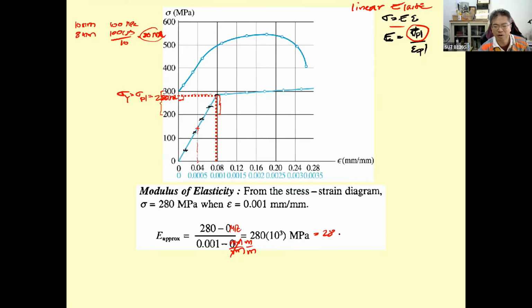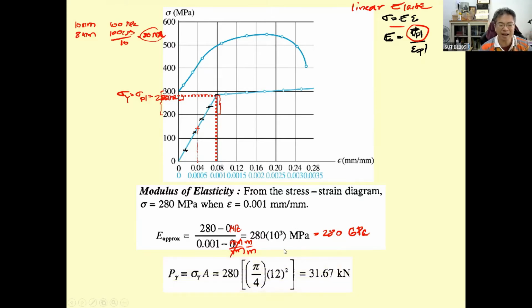This is 280 gigapascal, that is 10 power 9 Newton per square meter. Then the sigma sub proportion must equal the stress at proportion times the area, pi d square over 4. They measure stress in Newton per square meter, and the area in square meter.